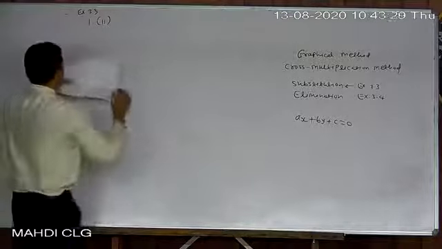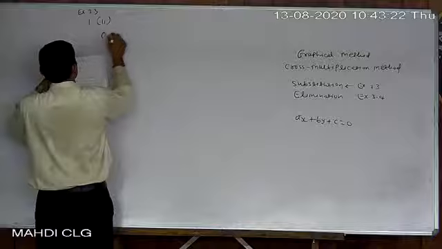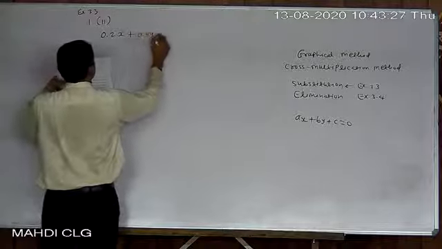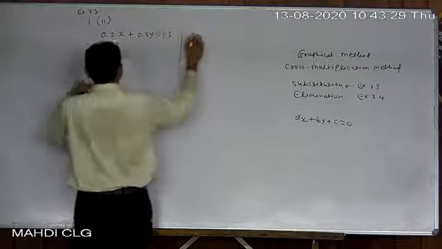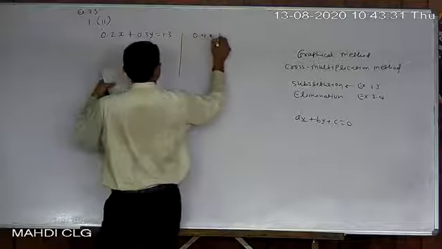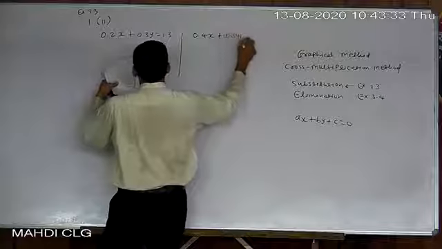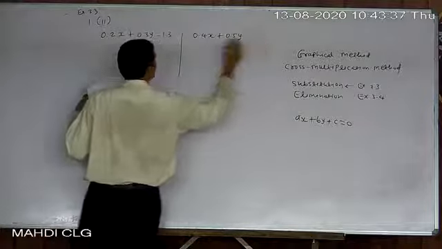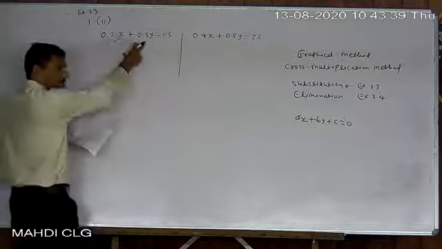So here we remove the decimal numbers. So 0.2x plus 0.3y equal to 1.3 and 0.4x plus 0.5y equal to 2.3. Okay, now no decimal should be there.